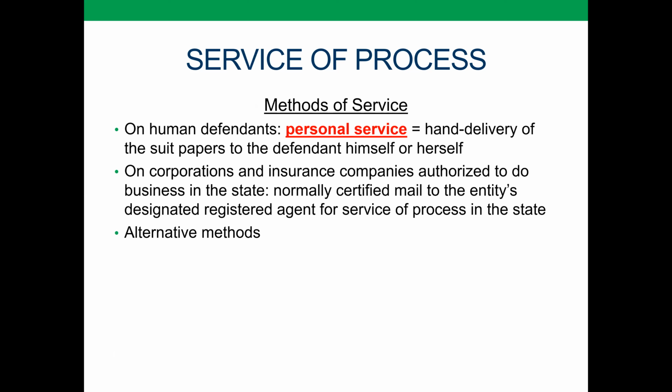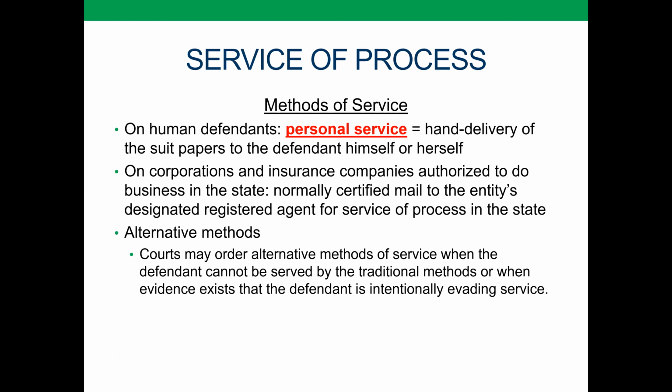Now, on occasion, especially if the plaintiff's attorney tries and tries and tries to get a defendant served with process and is unsuccessful, the plaintiff's attorney may elect to file a motion with the court asking for some type of substituted service or alternative method.